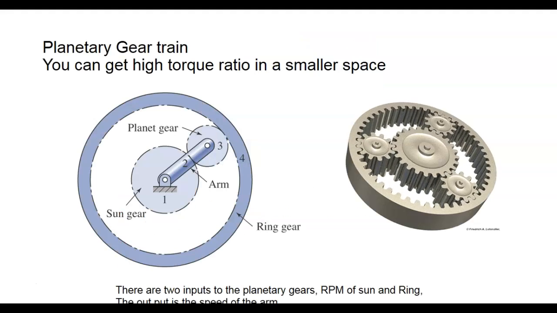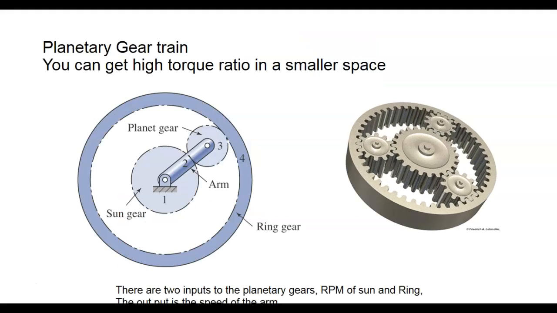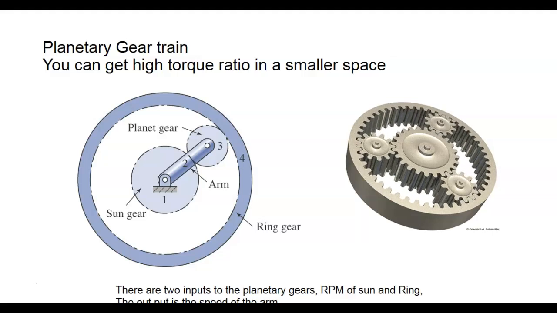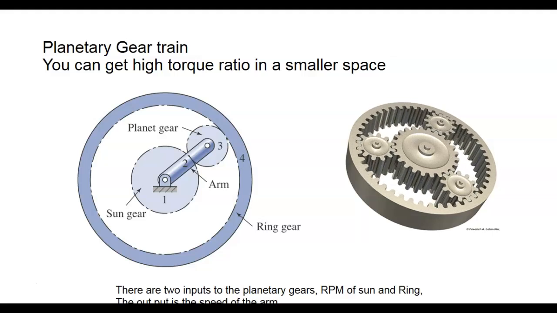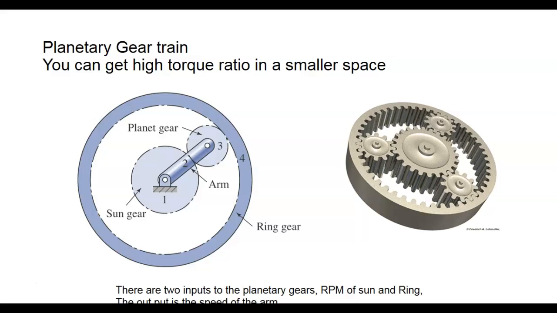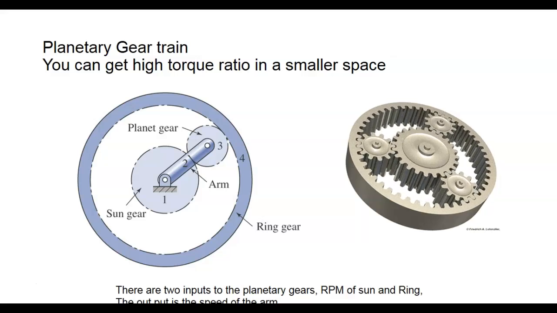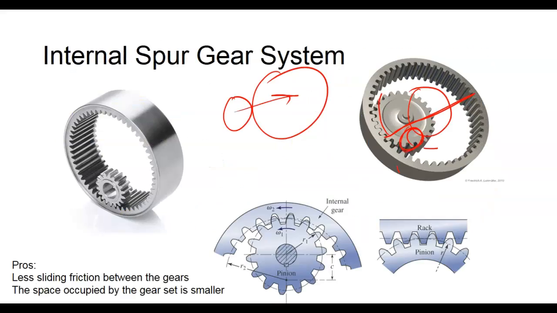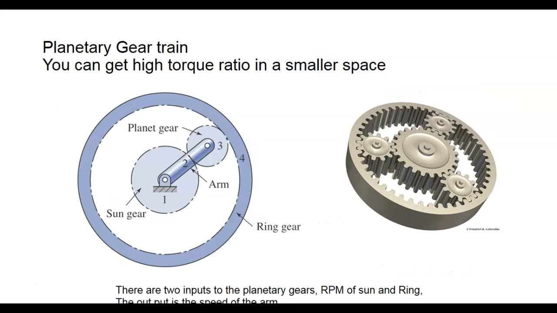So this is called a planetary gear. This is pretty cool. Can you see why it's called a planetary gear? So this right here would be an idler. And of course, this would be an outside, inside view. Internal. You just spur here.